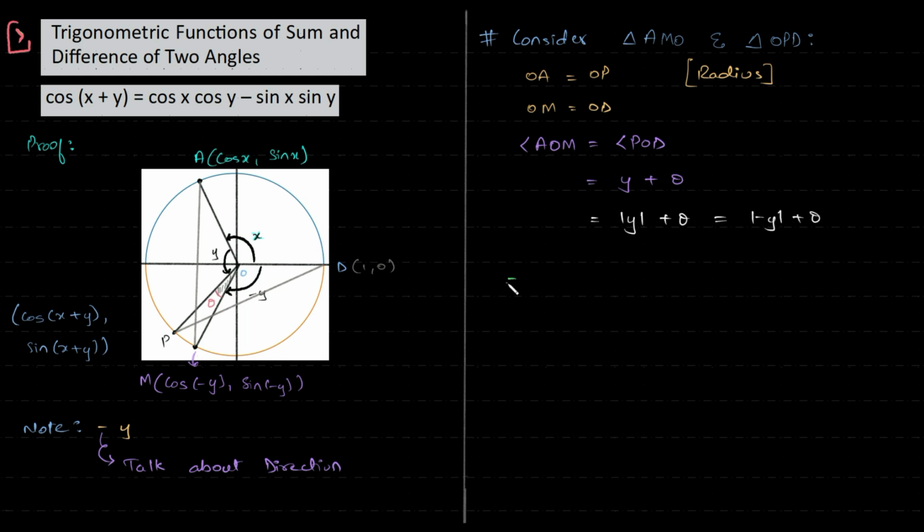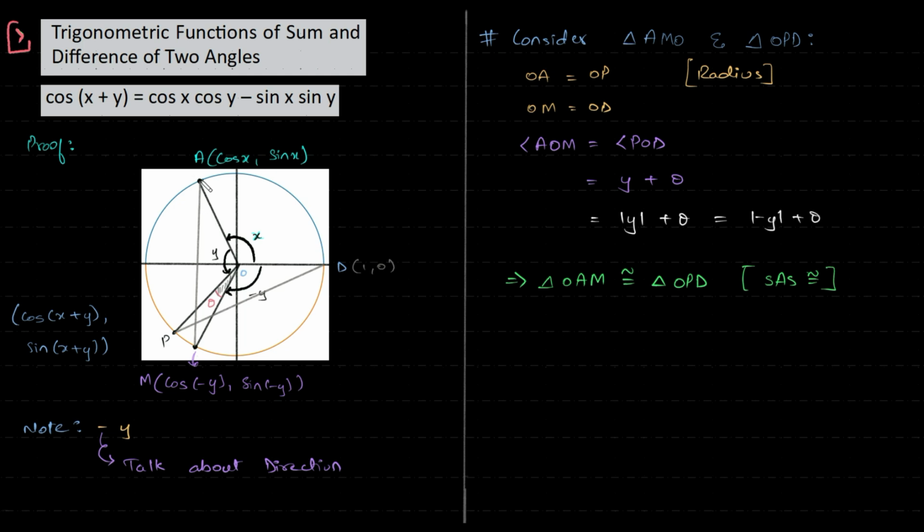So with all of this, what can I conclude? So with this, we can tell that triangle OAM is congruent to triangle OPD. By which congruency? SAS congruency. So with all of this information, we can conclude one more thing.